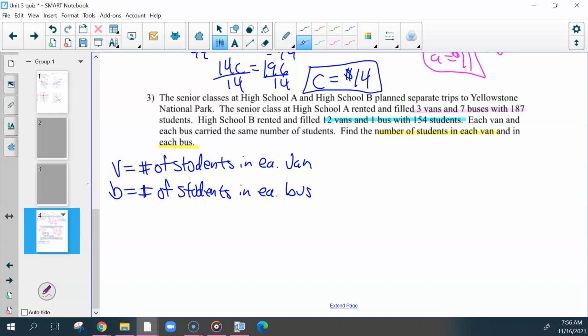So to set these 2 equations up, we would take the number of vans, the number of students in each van, and then the number of buses and the number of students in each bus, multiply those together, add them together, and get 187 and 154. So 3V plus 7B equals 187. 12V plus 1B equals 154.